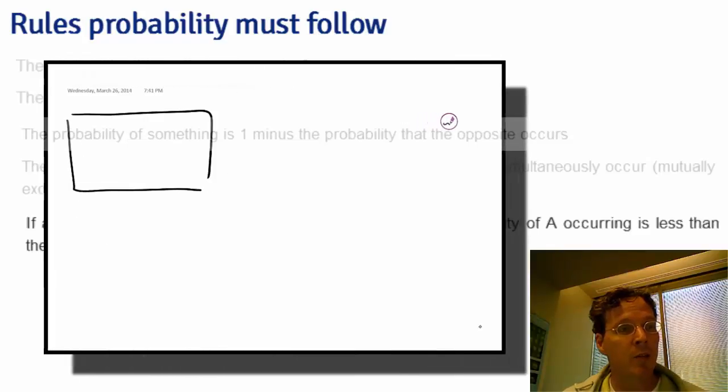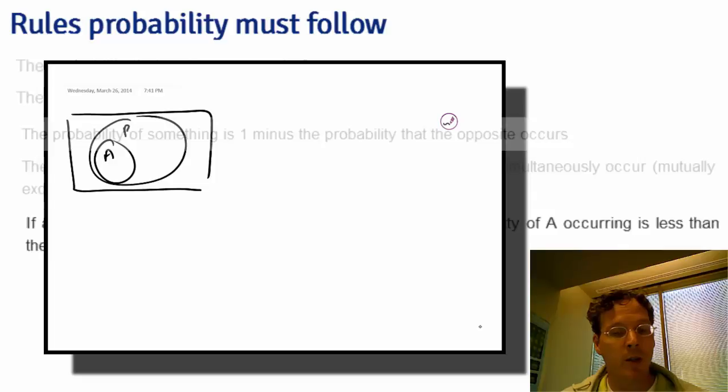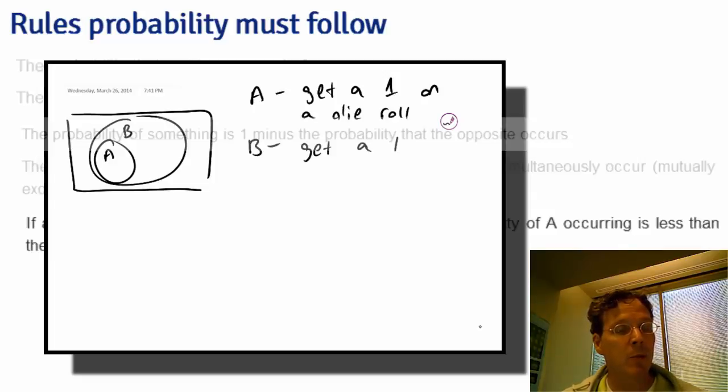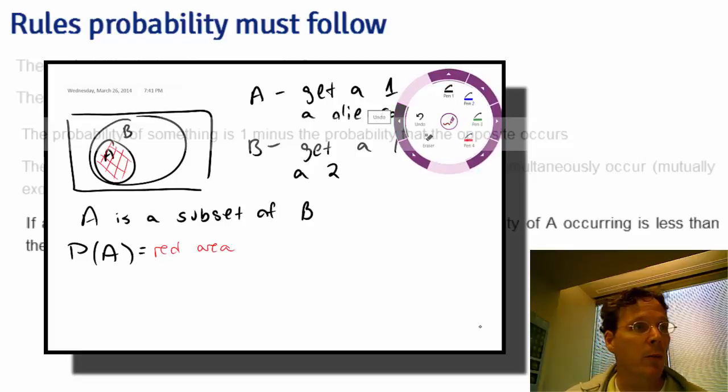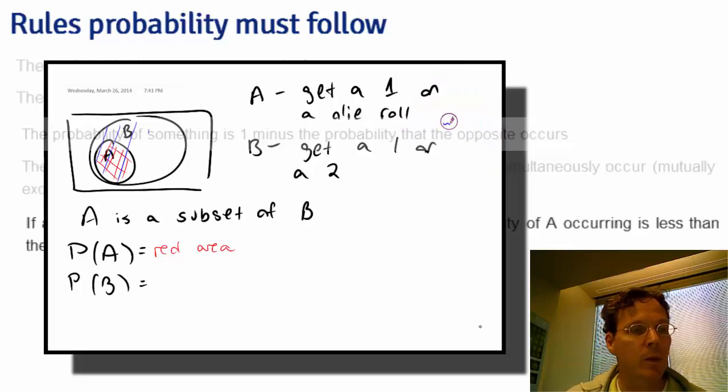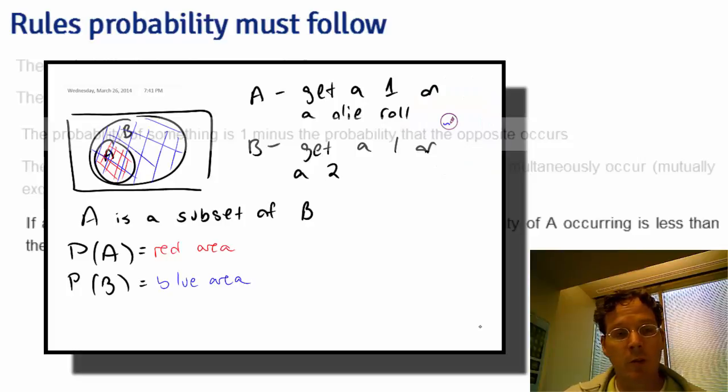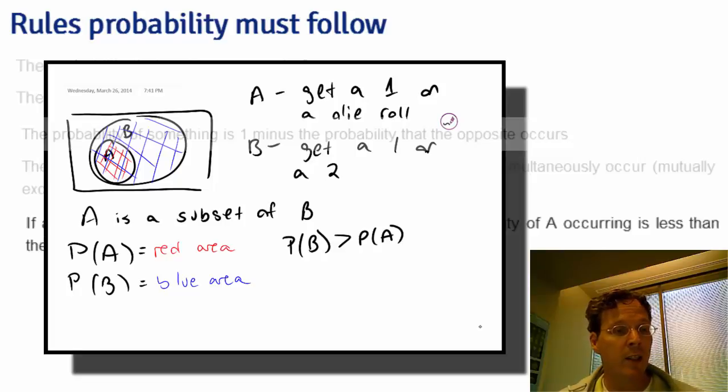The event A lives inside of the event B. So when we talk about the probability of A, we talk about a number assigned to this circle, A. And when we talk about B, we talk about the probability assigned to this circle that includes the area of A. So it would make sense that the probability of B was larger than the probability of A. I think we intuit this very easily. For example, the probability that we get a 1, the set A, is less than the probability that we get a 1 or a 2, the set B.